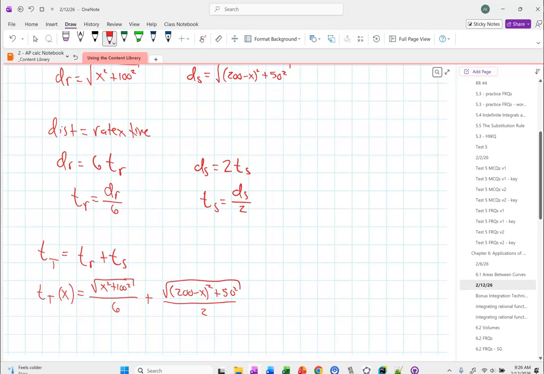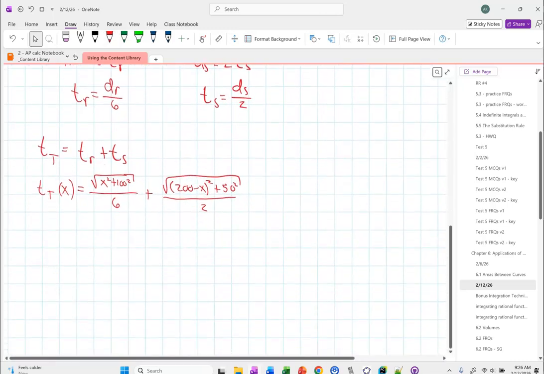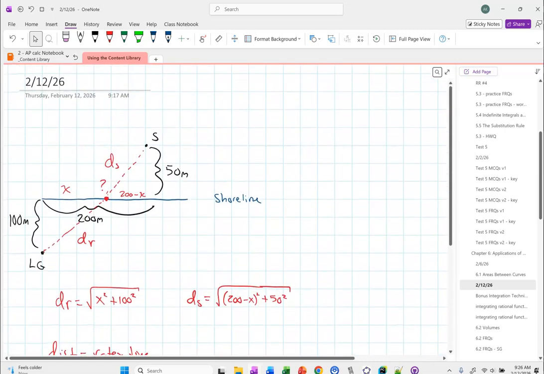Okay. So before I continue, now that I've written a function for the quantity I want to maximize or minimize in terms of a single variable, I want to look at the domain of this function. What is the smallest and largest values that I could have for x? Go back and look at the picture. 0.